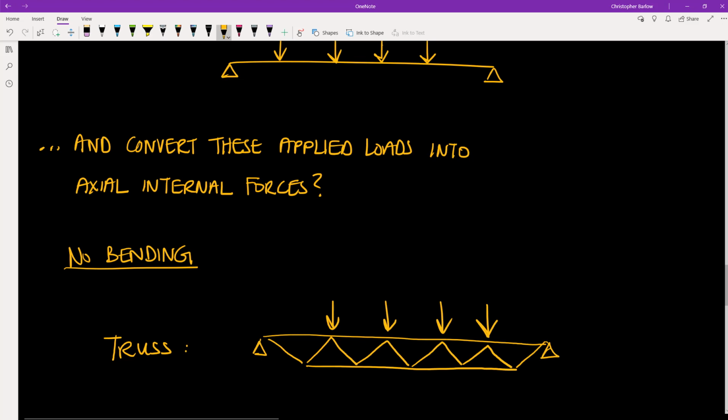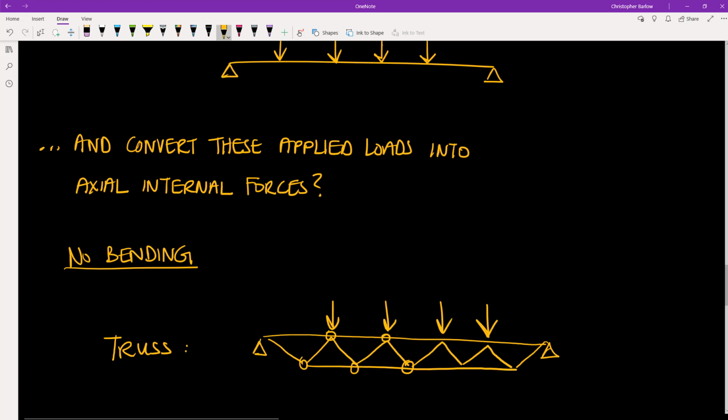But can we be even more efficient than that? Well, there is still one small problem with trusses, and that is all the connections we need to design and fabricate between all of these different elements. What if we didn't need those connections between the different axial components of the truss?